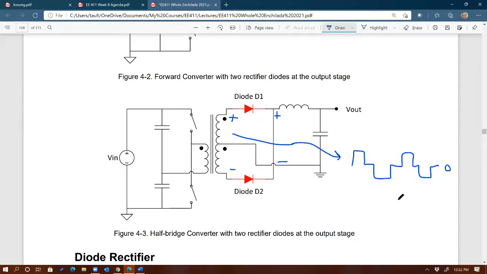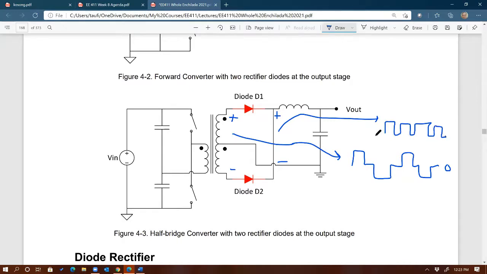The voltage on the secondary side of the transformer is an AC voltage, and then you rectify it so that the output of the diode network, diodes D1 and D2, turns it into DC like that. You get the idea.